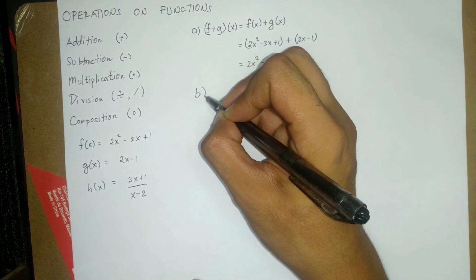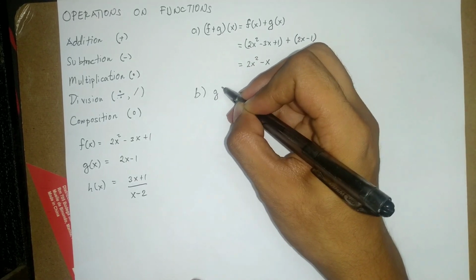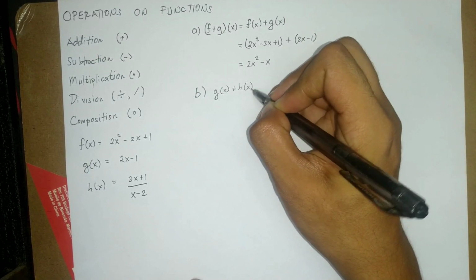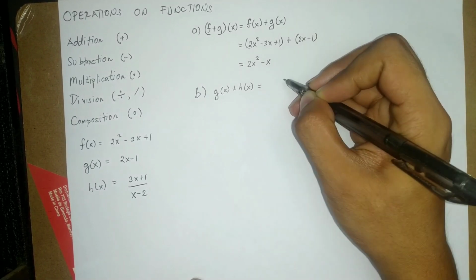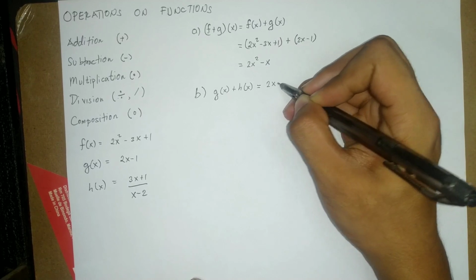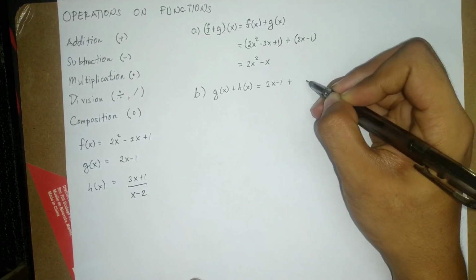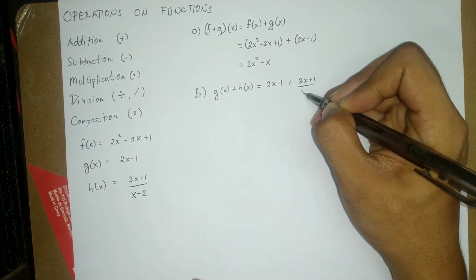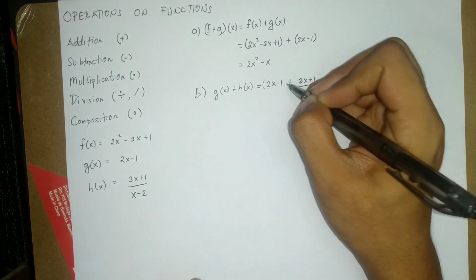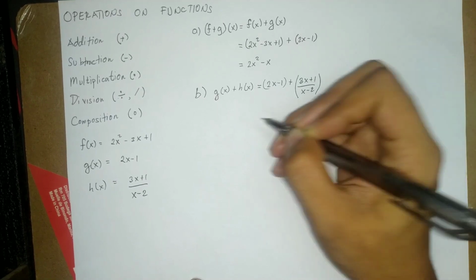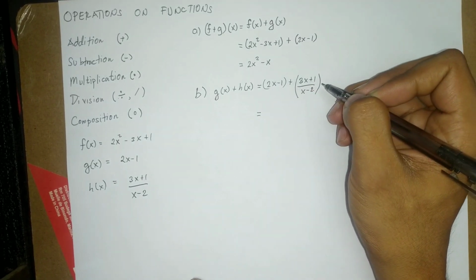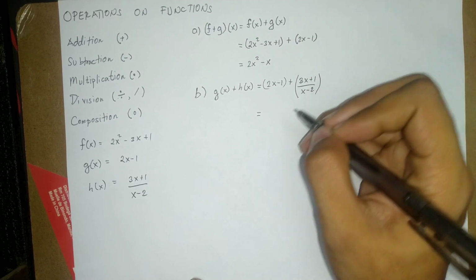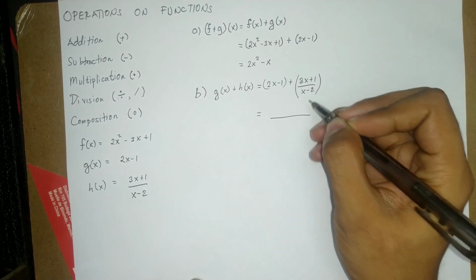Let's try another one. Let's say we have g of x plus h of x. So this gives us 2x minus 1 plus 3x plus 1 all over x minus 2. Remember the rule, when adding fractions, we must first find the LCD, or the least common denominator. In this case, the LCD is x minus 2.